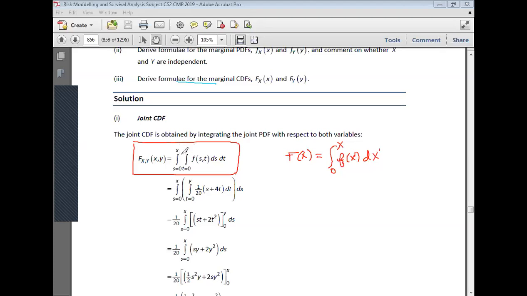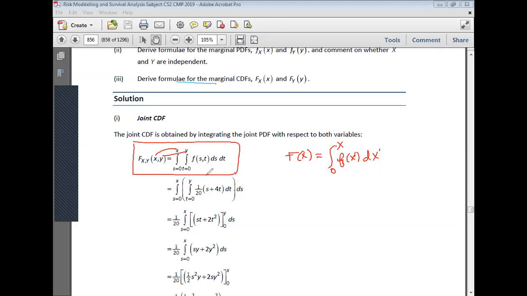Ultimately, when you integrate this, you will get an answer in terms of x and y. And again, these are not the random variables. These are the values that the random variables will take. So this x corresponds to this small x and this y to this small y, not the capital X and Y. And this s and t are just the values here.